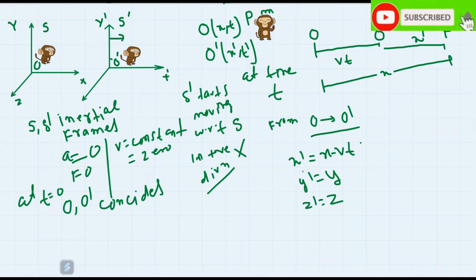V is constant, and this is only in the x direction, so vx equal to v.